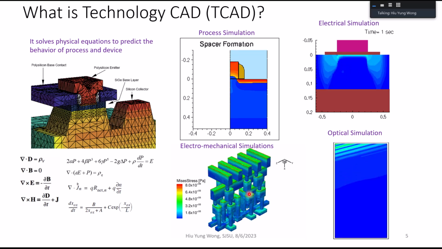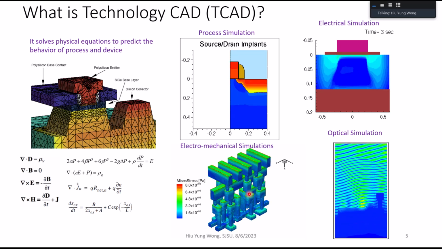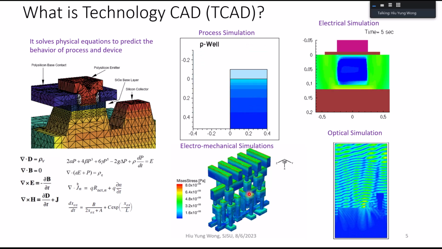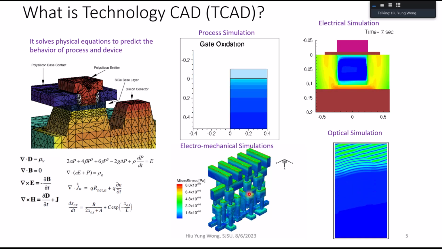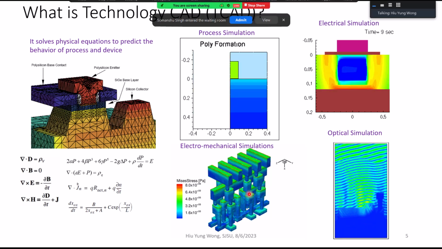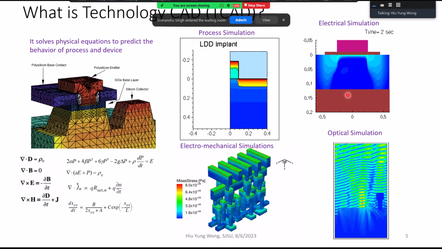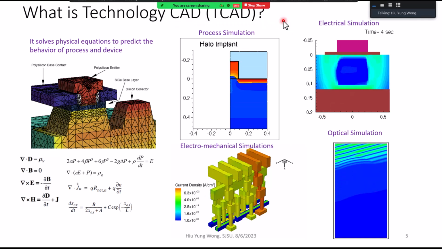So this is very accurate, as long as you have the correct equation and also the well-calibrated parameters. So you can think of TCAD modeling as just like real physics, except that we need to make it more accurate. So in principle, this can replace all the experiments.